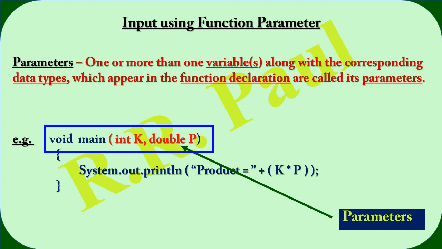Then k will have the first value, that is 20, and p will have its first value, that is 5, when the function is called. So this is a method of data input where the variables are getting their first value.